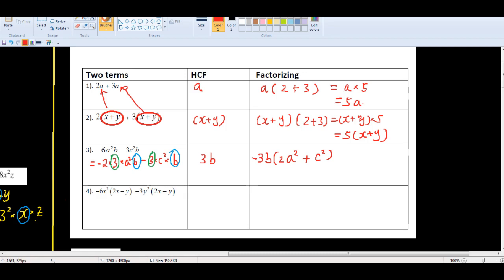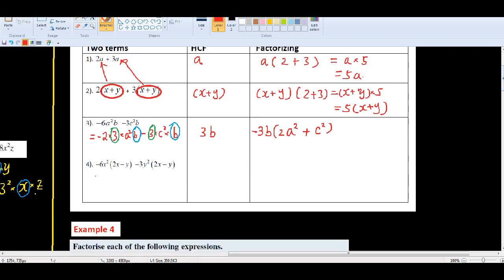Can you see that the last one, the fourth one, is very similar in terms of the setting to the third one? Can you take some time to try to do it by yourself? Try to think about what's the HCF this time.